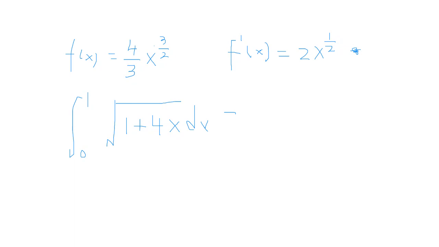Then you could think about u substitution, right? You let u be 1 plus 4x, then du will be 4 dx, or dx is just 1 over 4 du, right?